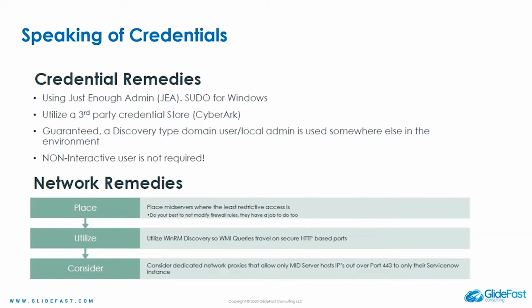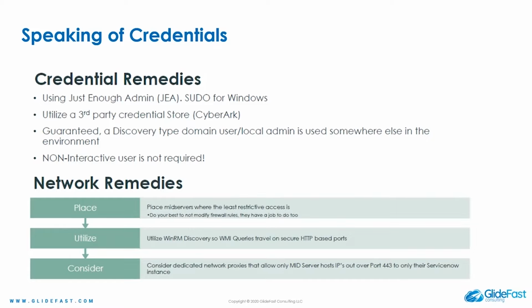Another point here for network remedies for WMI queries: you can use WinRM discovery. That way you can use the secure HTTP-based ports instead of the WMI ports. And the last point regarding network remedies is related to proxies. Again, it depends on the scenario and if the customer has the requirement for a proxy.